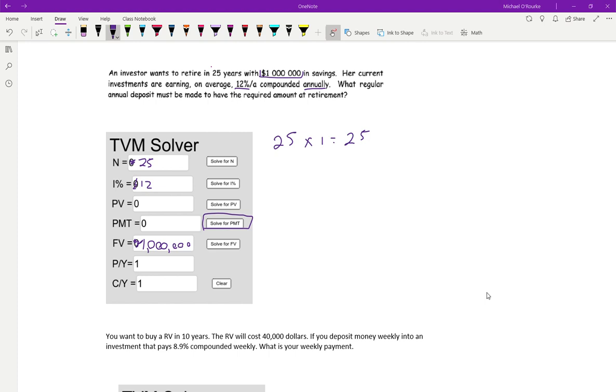So 25, 12, I'll zero those out, $1 million, and 1 and 1. And then we're just going to click that. So she needs to invest $7,499 every year to have $1 million by the time she retires.